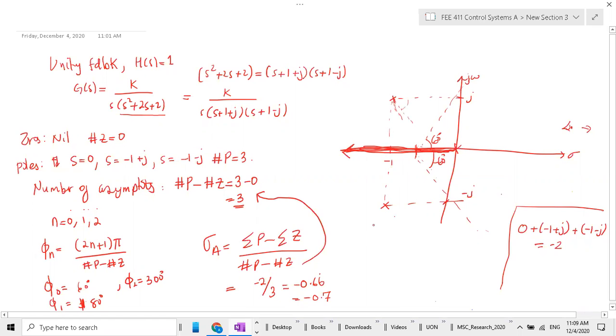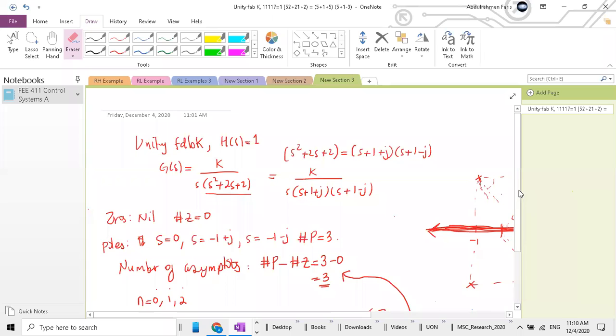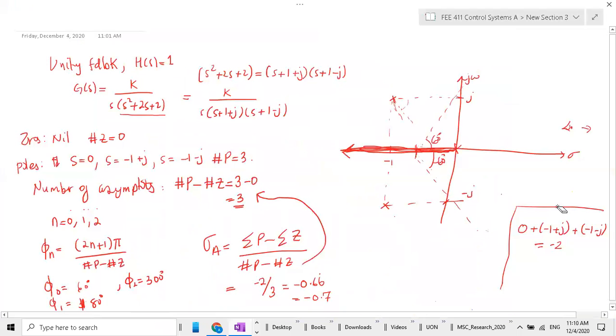If your diagram is to scale, there is a geometrical way of getting the departure angle, but I prefer doing it analytically.